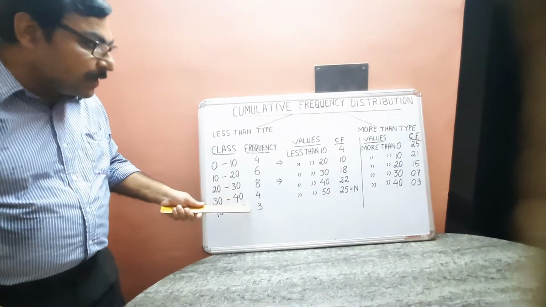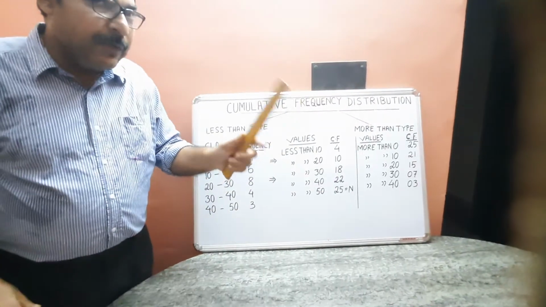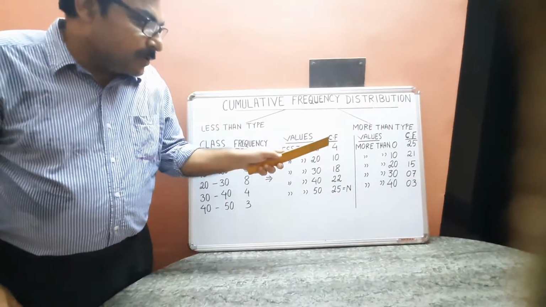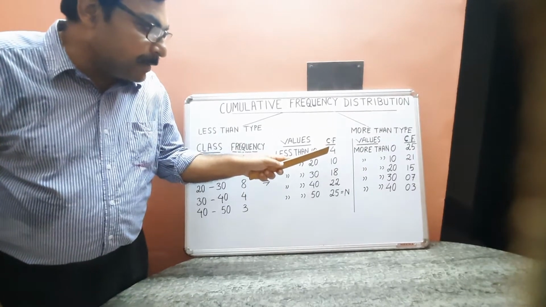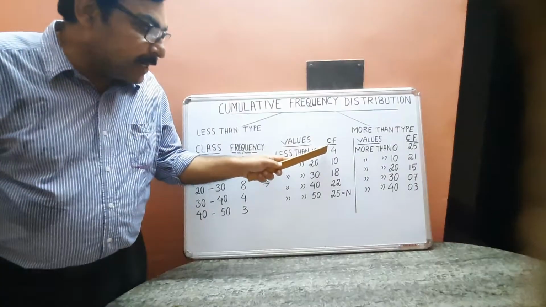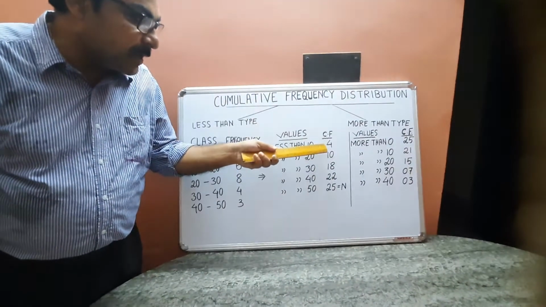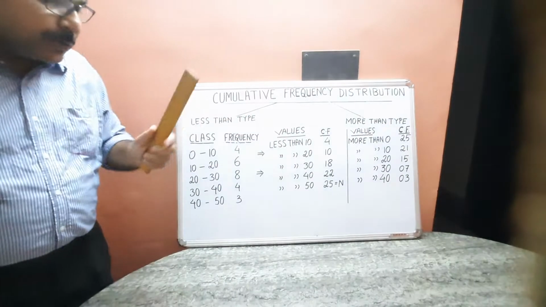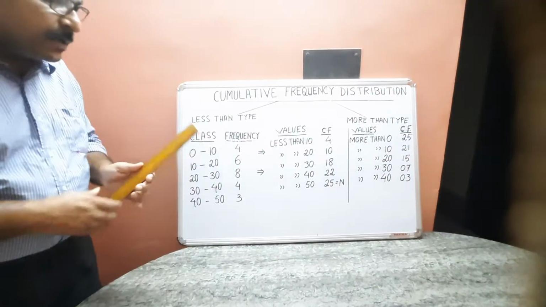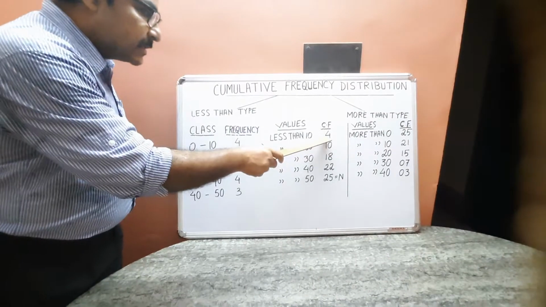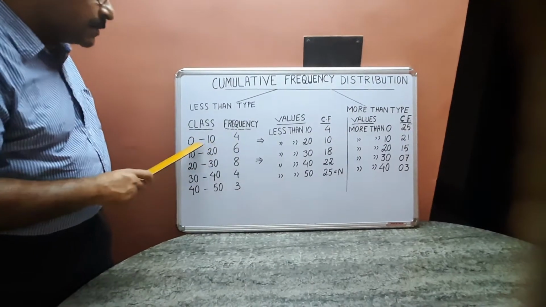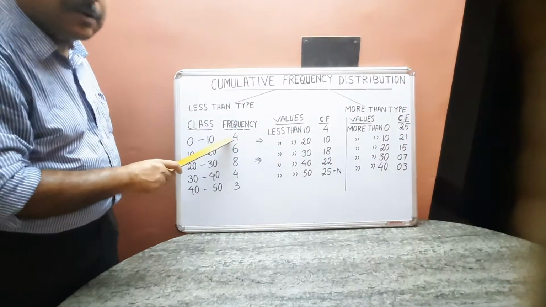How do you write the frequencies? We have already told, in case of less than type cumulative frequency distribution, first CF should be equal to first simple frequency. So first you write this CF as the simple frequency of the first class. 4, right, here also 4.